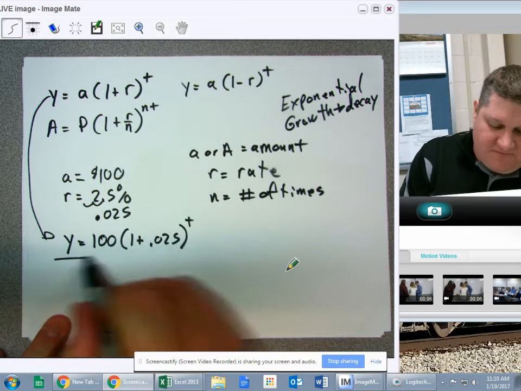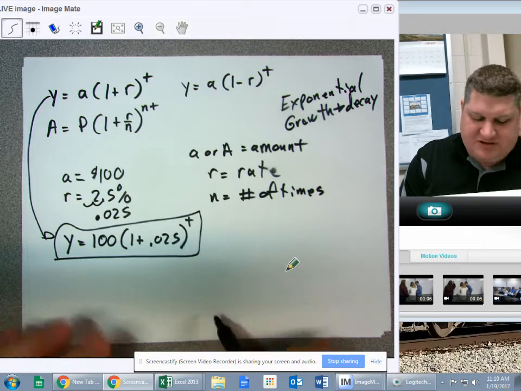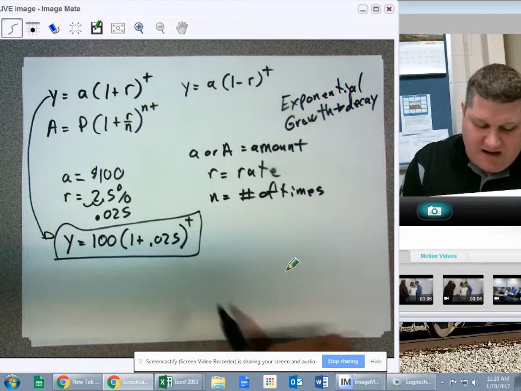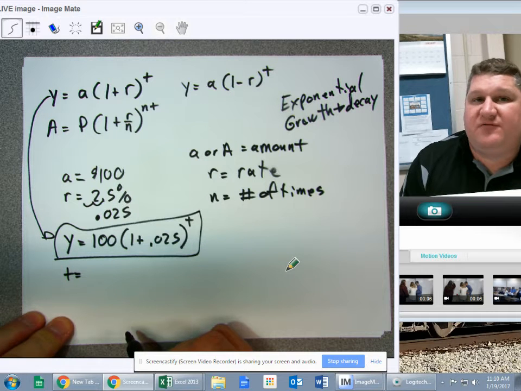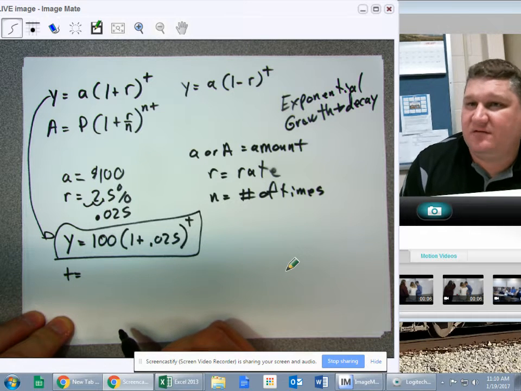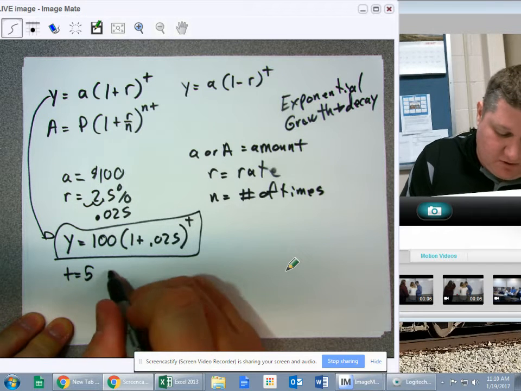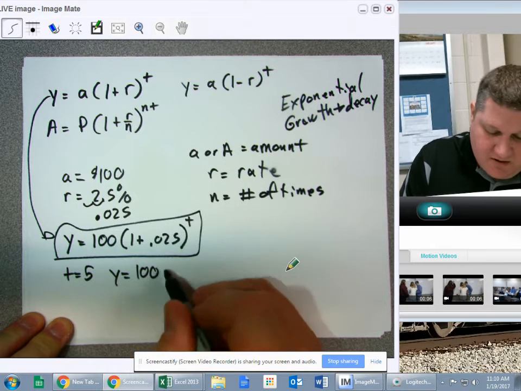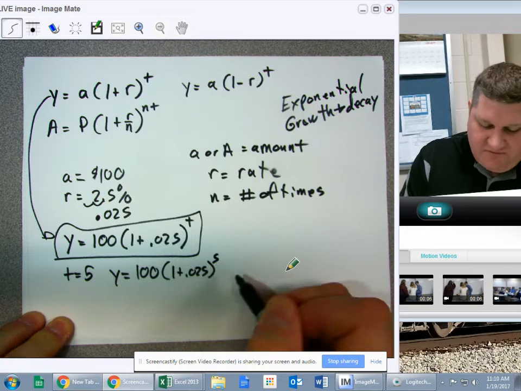So if this is my formula, $100, growing 2.5% every day, what would it be after 5 days? Well, what would I put in for T after 5 days? T would be 5. So all you do is say Y equals 100, parentheses 1 plus 0.025, raised to the 5.